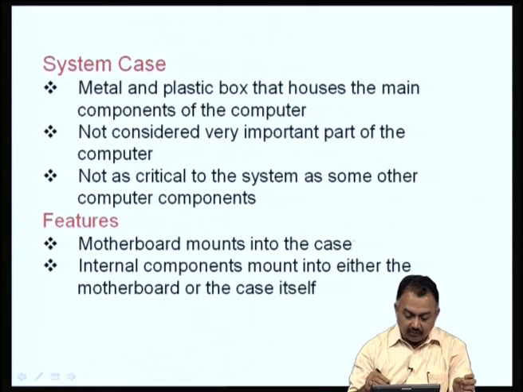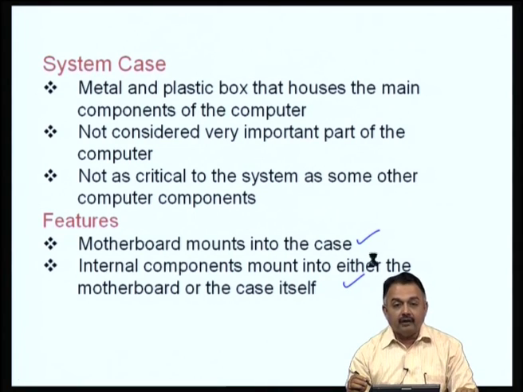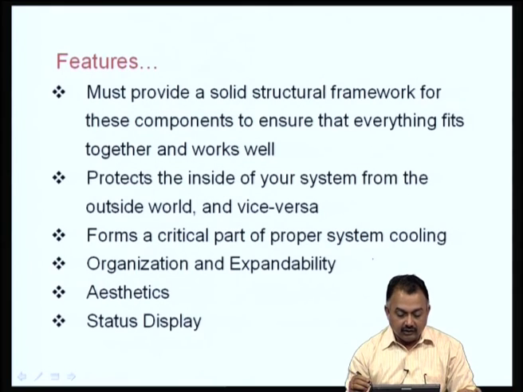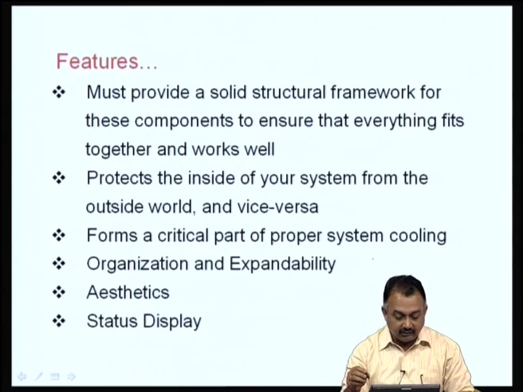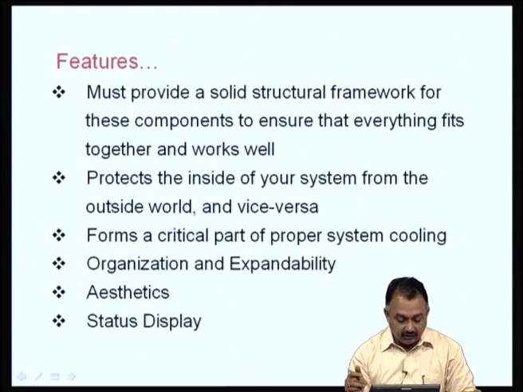So, there is a motherboard that goes into the case, internal components are built around the active device, then there should be a solid structural framework, so that everything works well in harmony with the active device. It protects your system from the outside world and also vice versa.